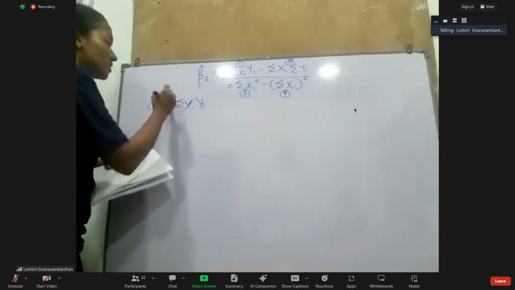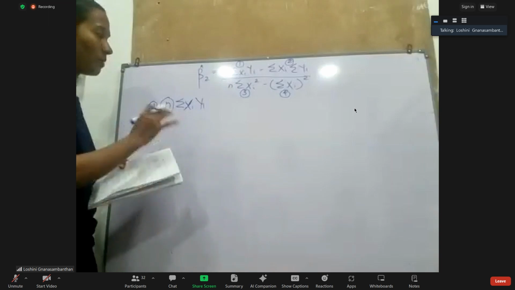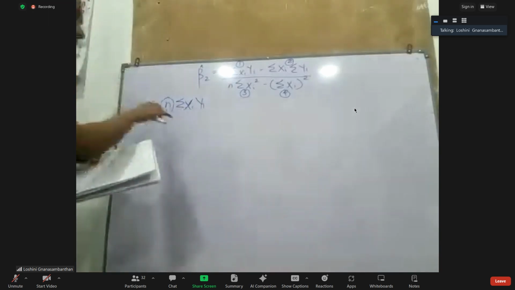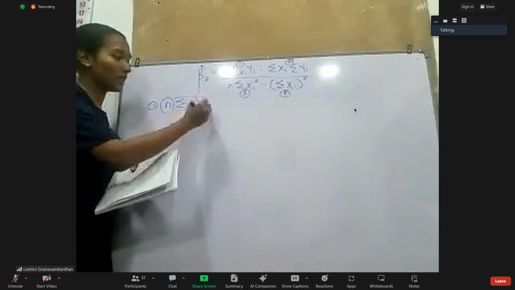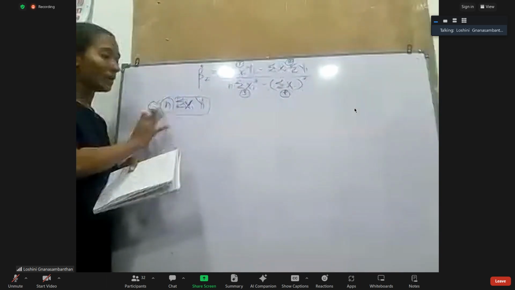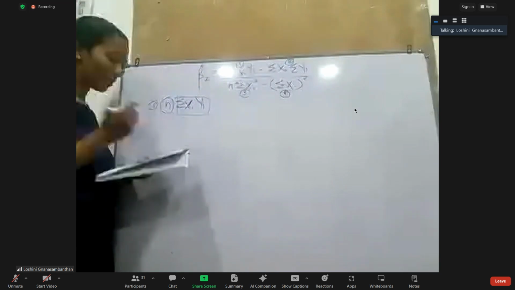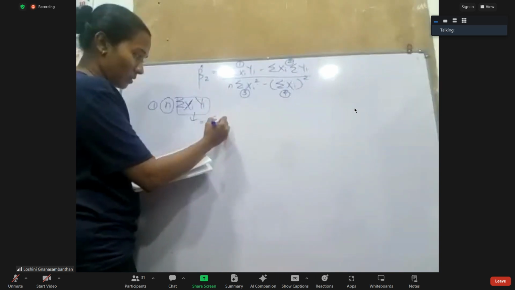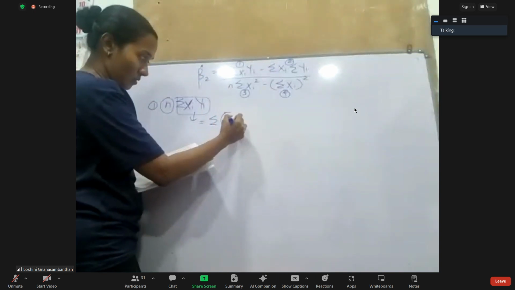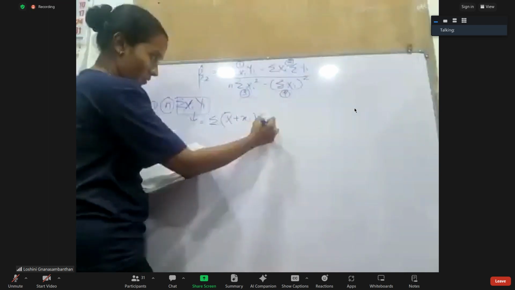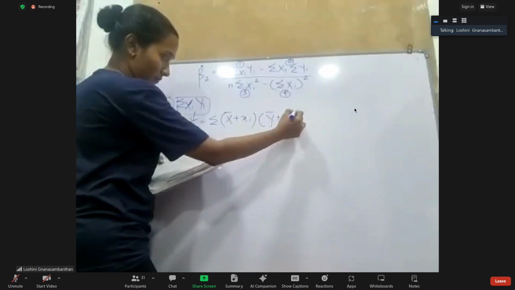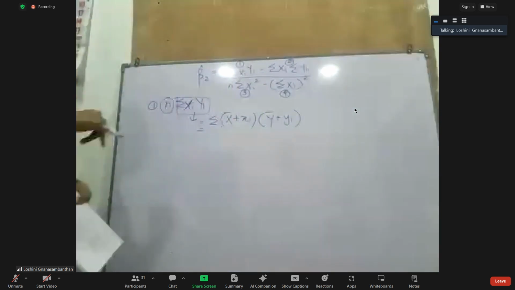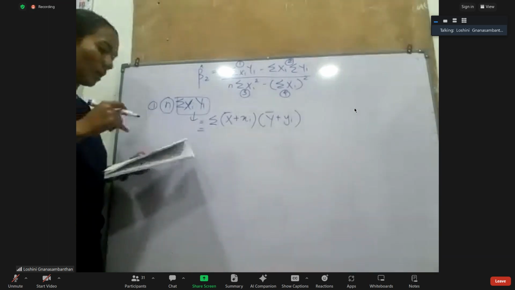Let's not take this n for now, because it's a common thing for these two, so we can multiply it at the end. Clear? This we got from the previous explanation.